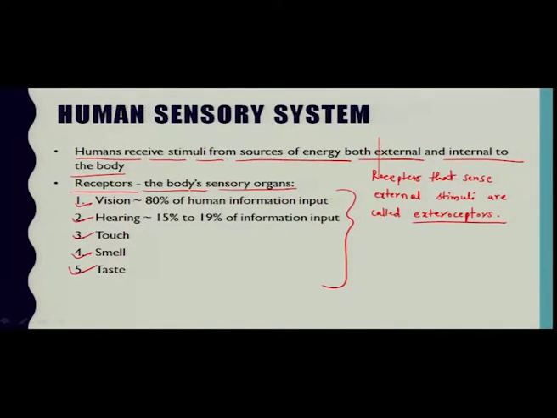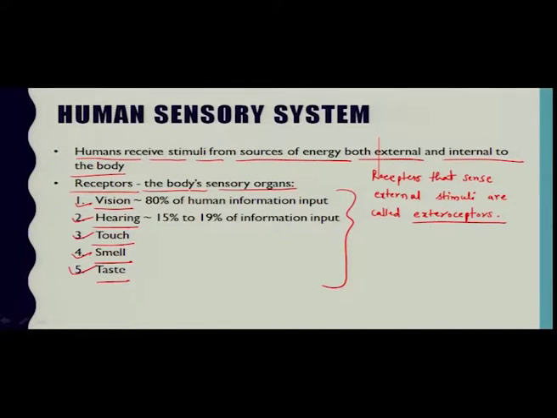Those 5 human senses are through which you get information, and then you decide your course of action. Those 5 senses are vision, hearing, touch, smell and taste.